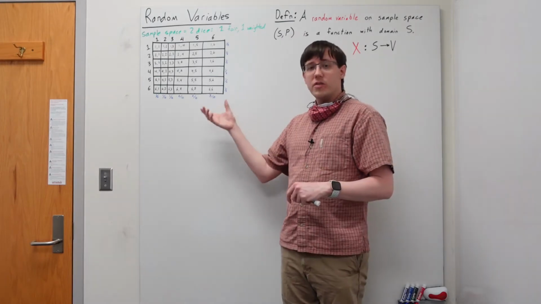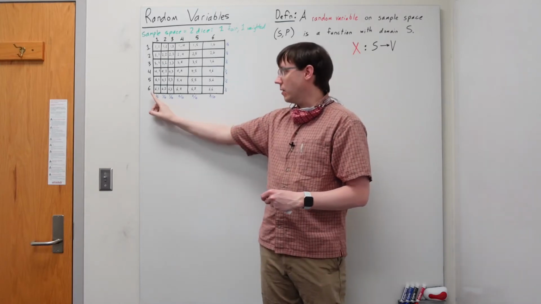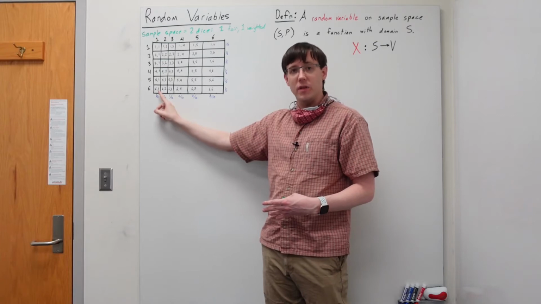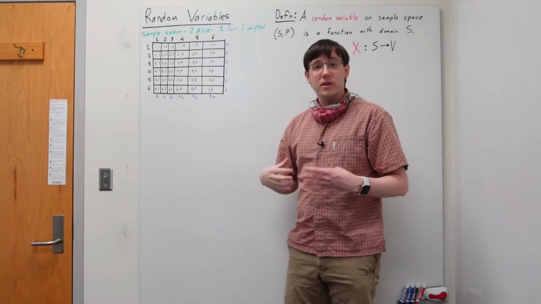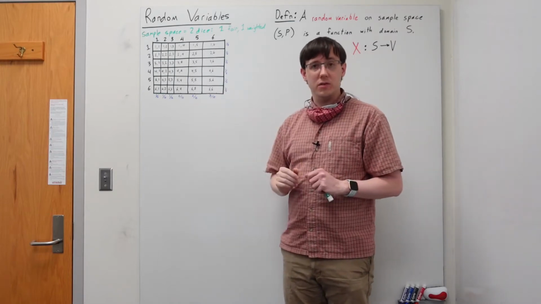So using this sample space, where the outcomes are pairs of the value on the first die and the value on the second die, let's define some random variables on this sample space.